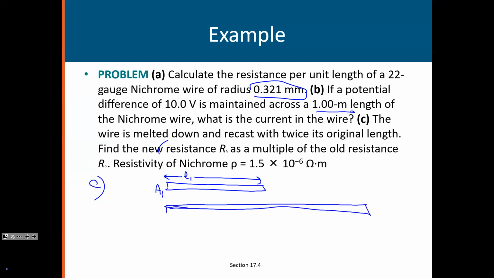Now, what do you think will happen when you make it twice the length? What will happen to the area? It's going to become thinner, right? Because we are stretching it, I mean, we are making double the length. Now, can you relate A2 and A1?